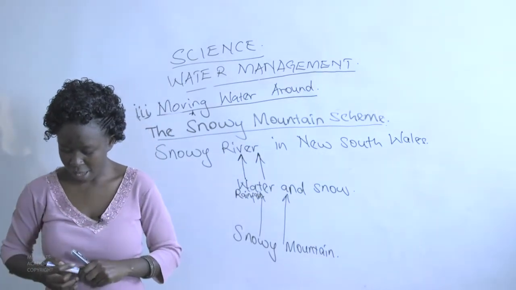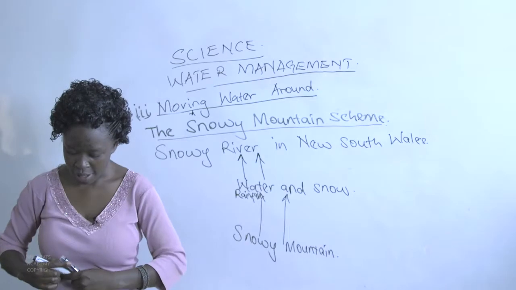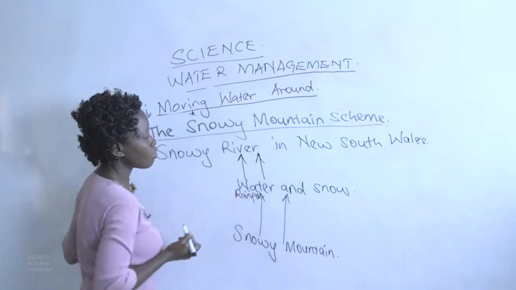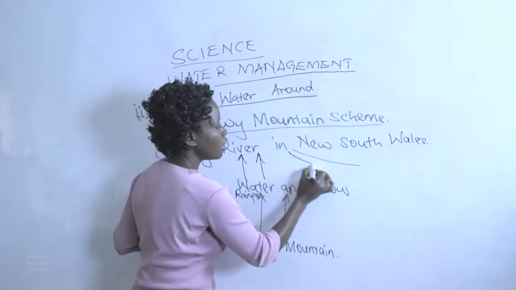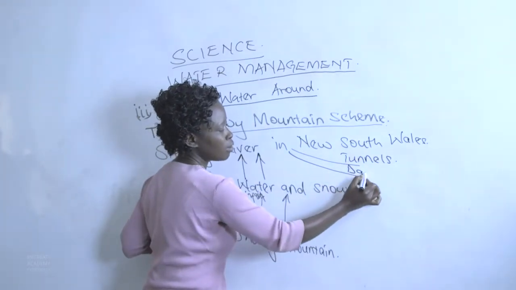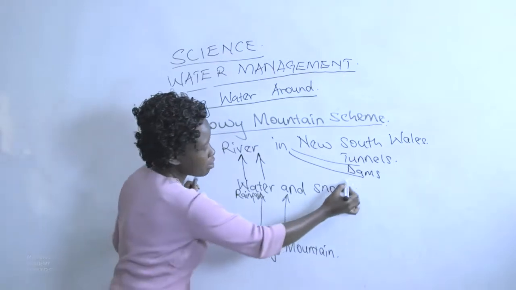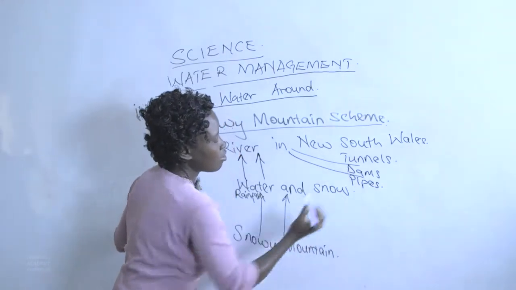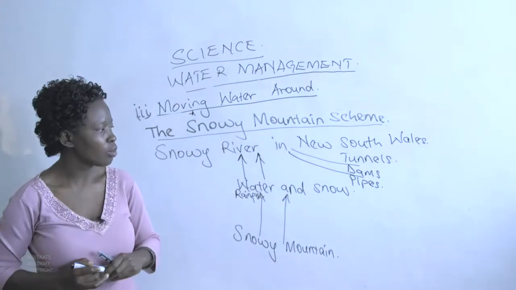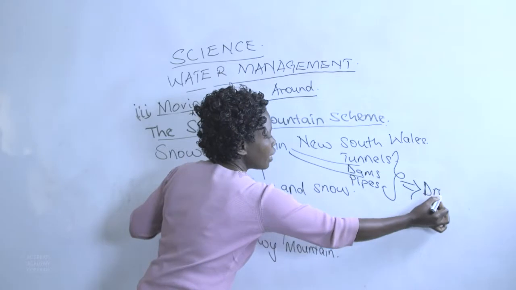After the water has reached the Snowy River, there are tunnels, then we have dams, and we also have pipes that have been diverted from the Snowy River, and this water has been channeled into the dry areas.